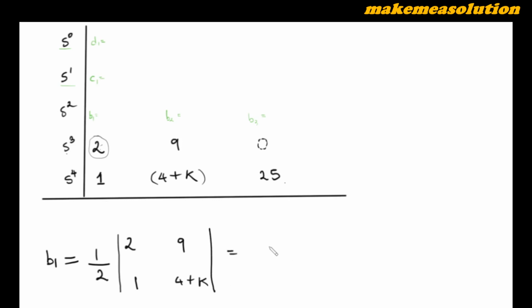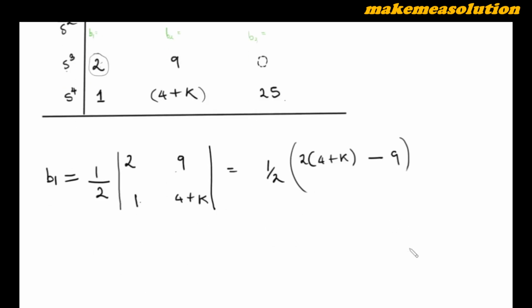So this will be 1 all over 2, then I'll have 2 times 4 plus k, minus 1 times 9, which is 9.